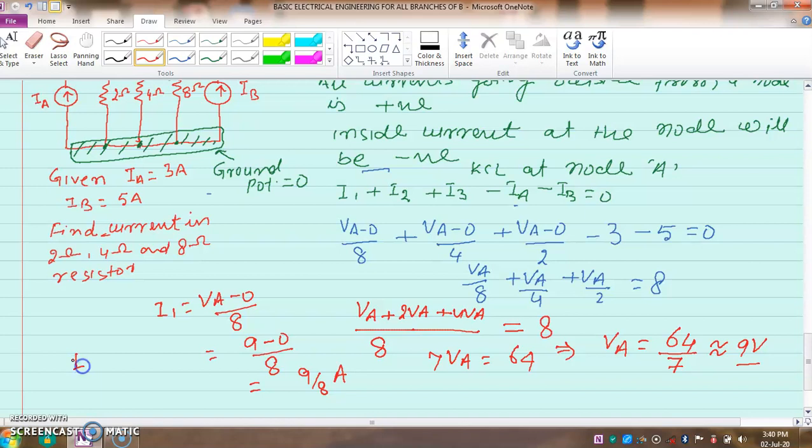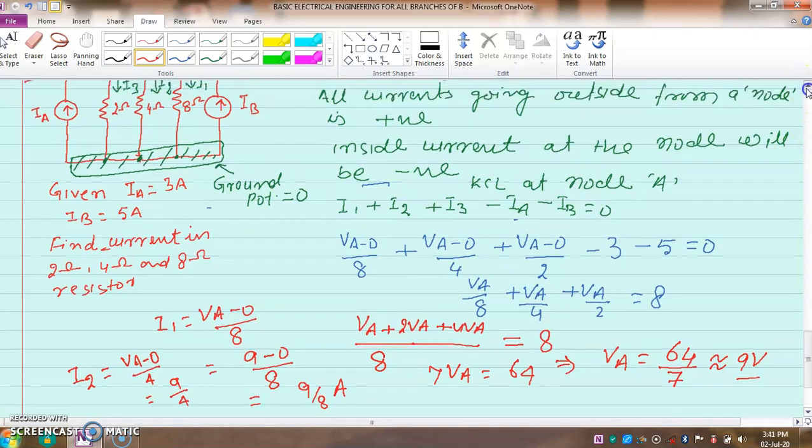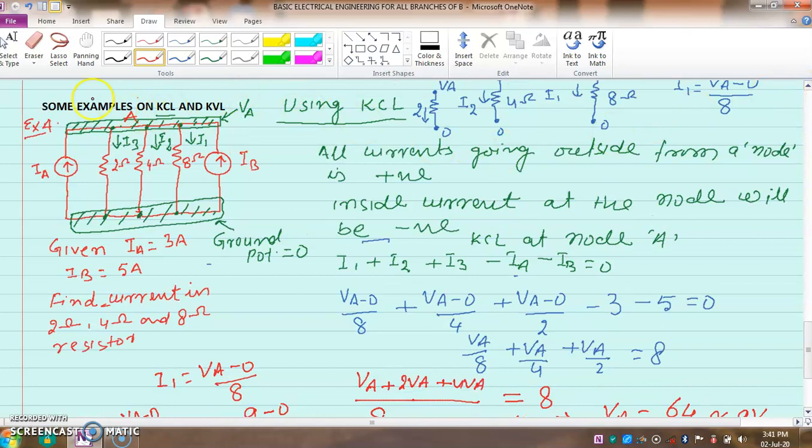In the same way, you can find the value of I2. I2 equal to VA minus 0 divided by 4. So it is 9 by 4. Once you know the value of VA, we can find the value of current in any element.